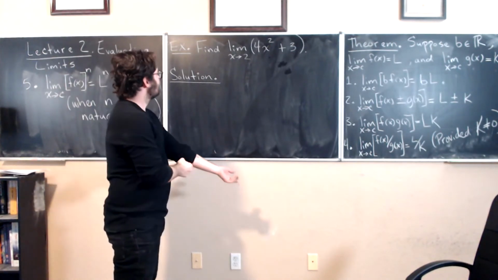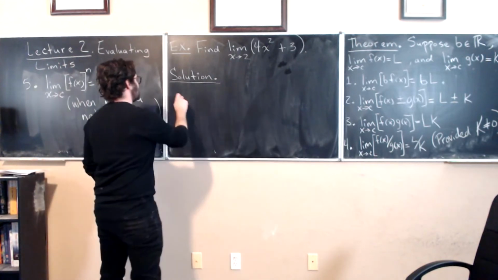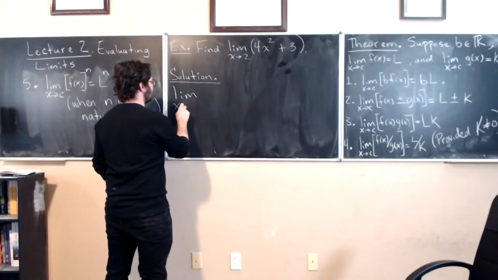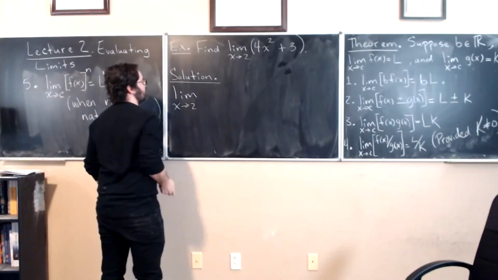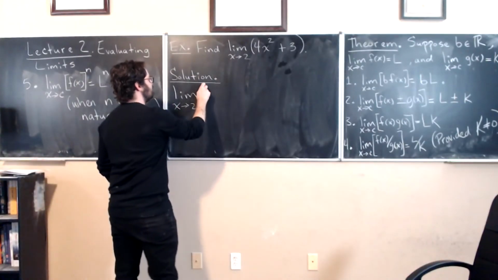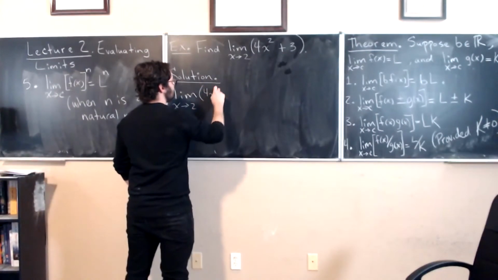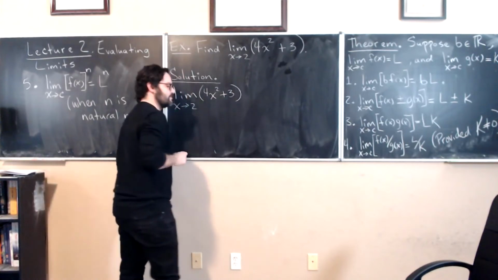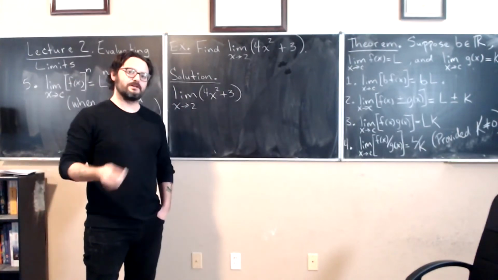Okay, a little side note. This problem. I'm concerned, for whatever reason, about the behavior of this polynomial as the input approaches 2 from the left and right hand sides.